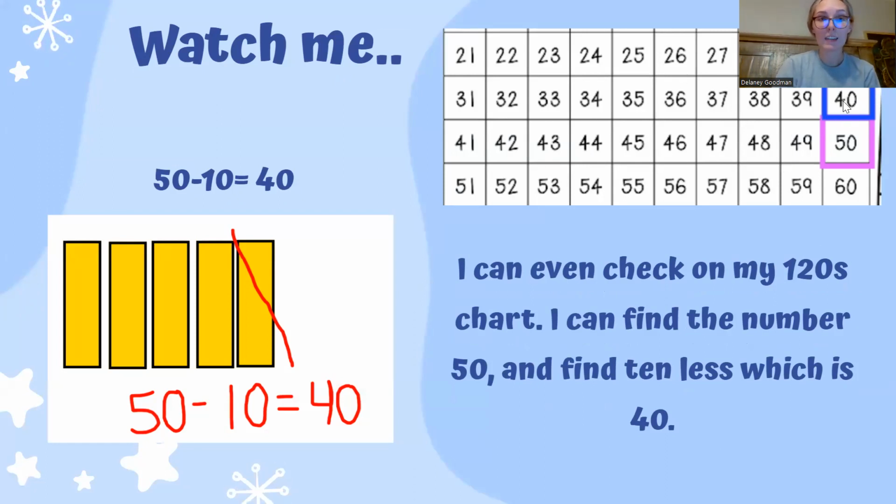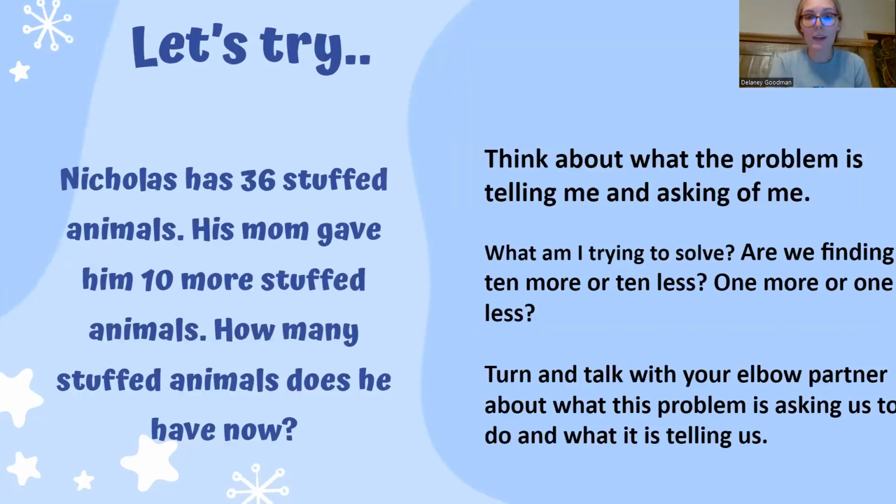What number did I land on? I landed on 40, okay? So do you see how we can take our knowledge of base 10 blocks, draw them out, and then take away 10, take away 1, or add 10 or 1 to get our answer? Then we can always check our work using the 120s chart, okay?